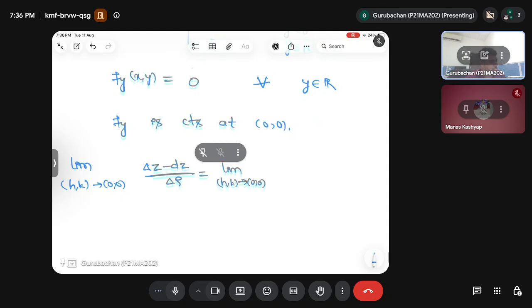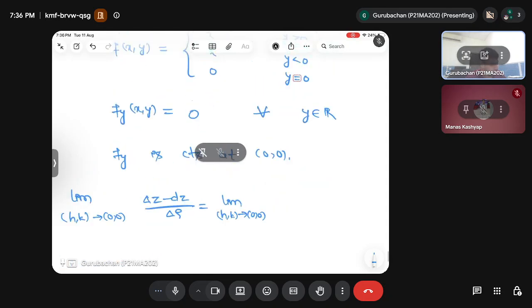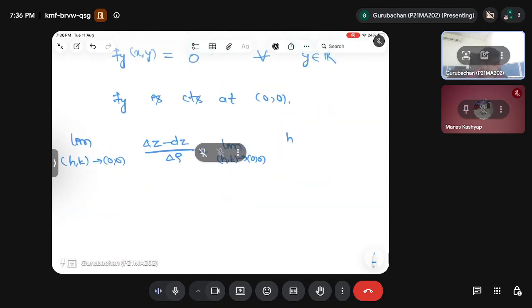What is del z? hk divided by mod of k minus 0. You know that fx is 0, fy is 0, so this will be 0, over the square root of h square plus k square. Can we apply polar coordinates?